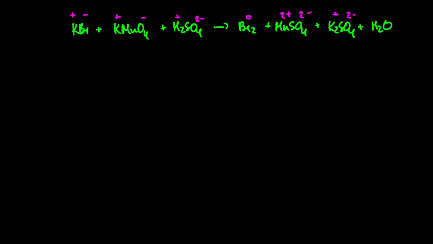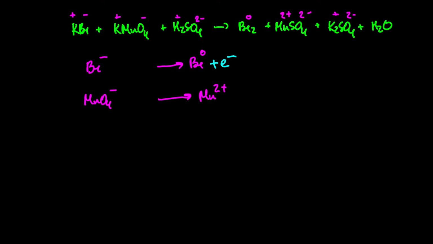Which ions change their oxidation state? First is the bromide ion, which became pure bromine, and the second one is the permanganate ion, which became manganese 2+ cation. Our first half reaction should look like this. Bromide lost an electron and became pure bromine.